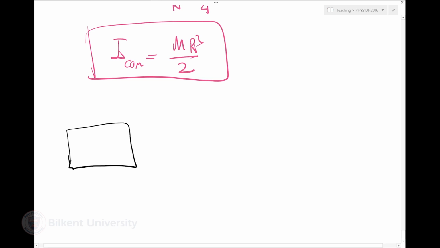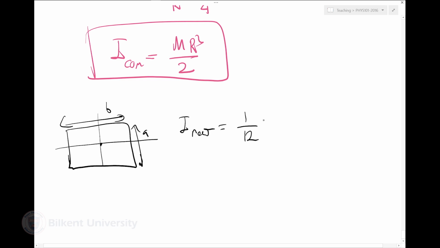But for example, if you actually have a rectangle at its center of mass, that's a uniform rectangle of sides a, b, what you would actually find is the moment of inertia of the rectangle is, if I remember correctly, m times a squared plus b squared.